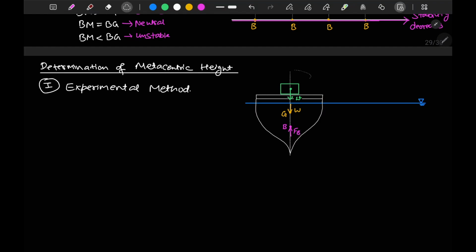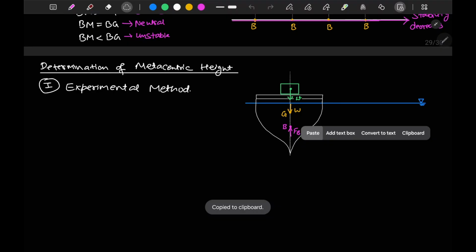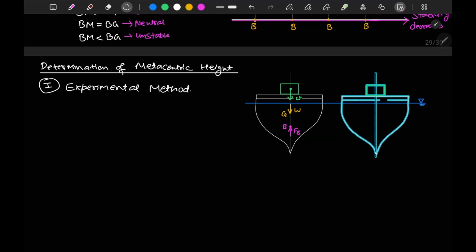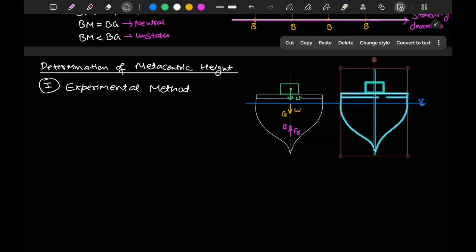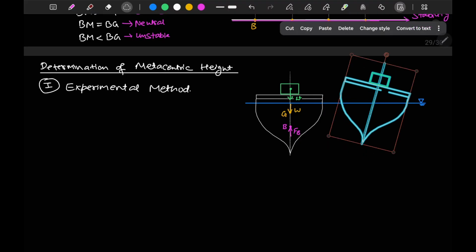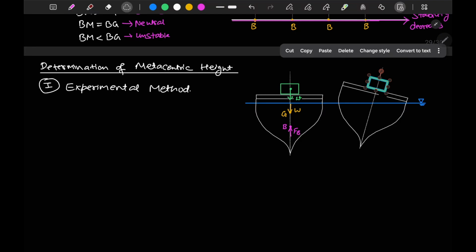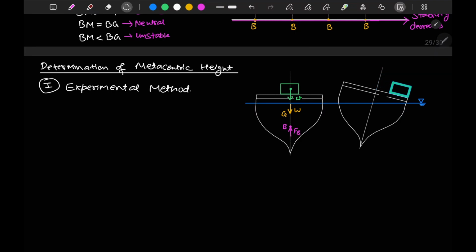Now let's say that we have rotated this system, so it's something like this. Your block is moved by a distance, let's say x.